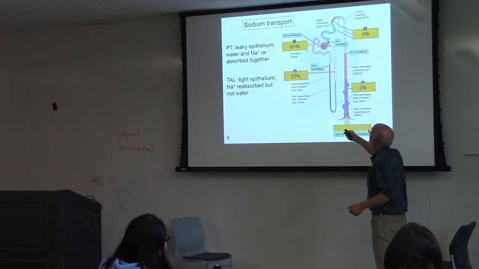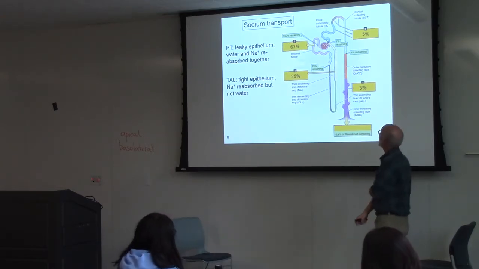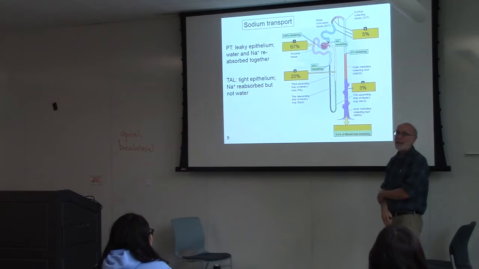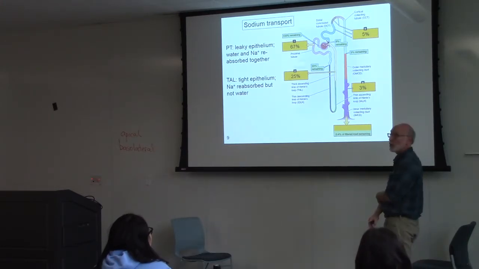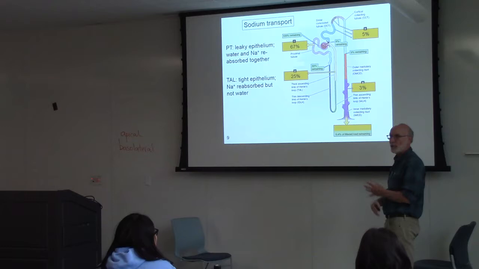The proximal tubule reclaims about 2/3 of the filtered sodium. And then we'll talk about the distal tubule and the collecting tubule. It gets the rest. So if you add these up, I think it probably adds up to about 100%, but we don't recover 100%, we recover 99.5% of the filtered sodium. There's a round-off error.